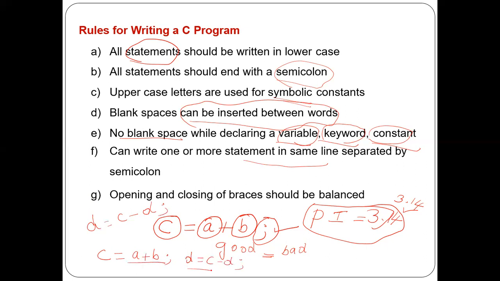Here are two separate statements, but I am giving them in a single line. How will the computer understand that? If it ends with a semicolon, it is treated as the statement being terminated, so what follows is treated as the next statement. But you can write one or more statements in the same line separated by semicolons.